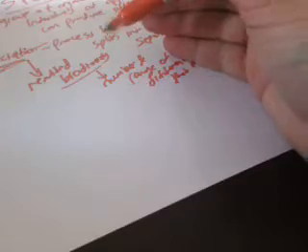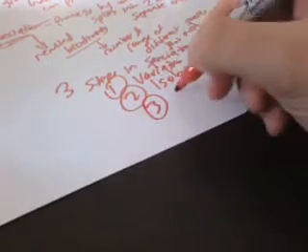Okay, and there are 3 steps in speciation, how it can occur. First step is variation. Second step is isolation. Third step is selection, and I'll talk about these on the next piece of paper. Number 1, variation.